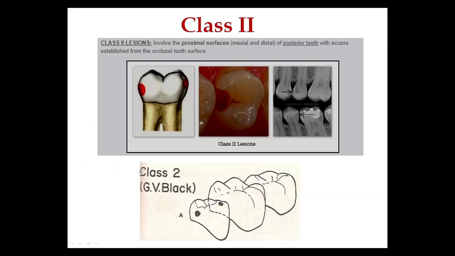Class number 2 involves the proximal surfaces, mesial and distal, of posterior teeth, molars and premolars, with access established from the occlusal tooth surface. Mesial and distal surfaces of molars and premolars, class number 2.